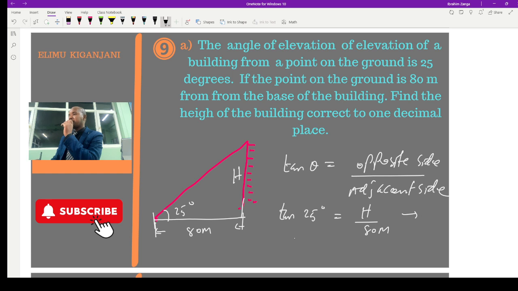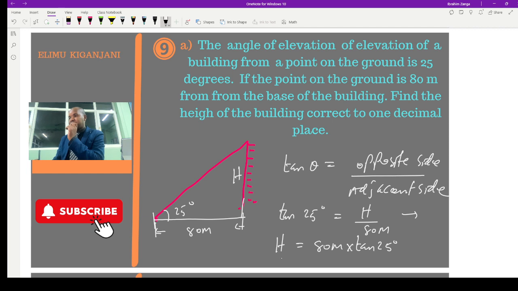So it means h is 80 meters multiplied by tan 25. You're going to check in the table, tan 25, dear students, tan 25 will be 0.4663.